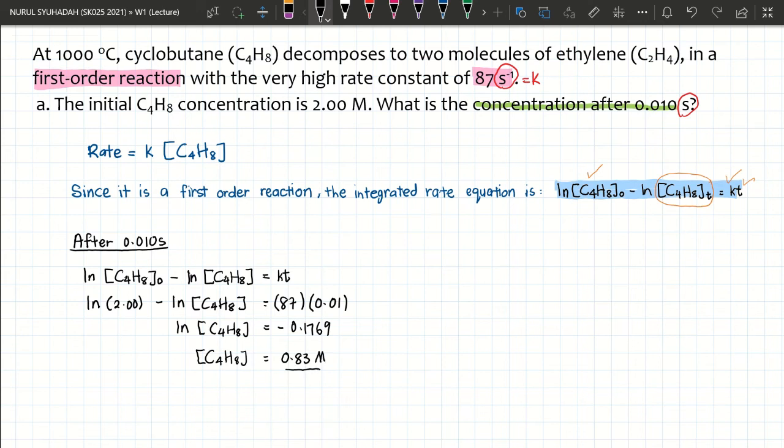So please make sure your final answer is with the correct unit. So this is how you answer part A.